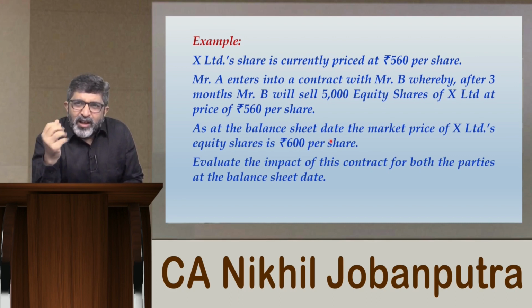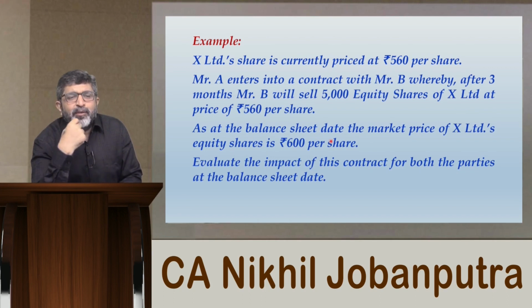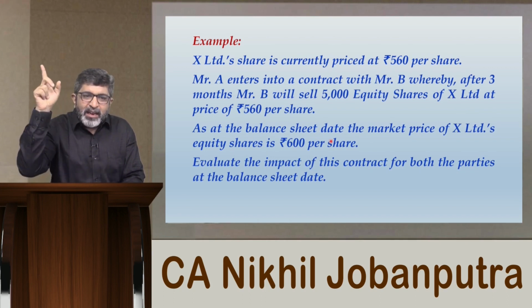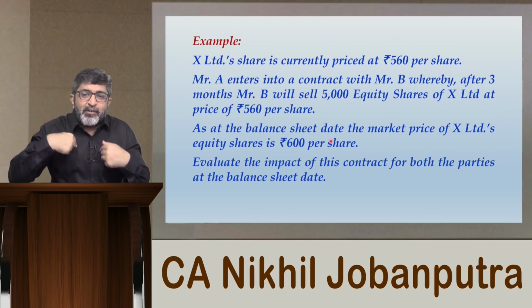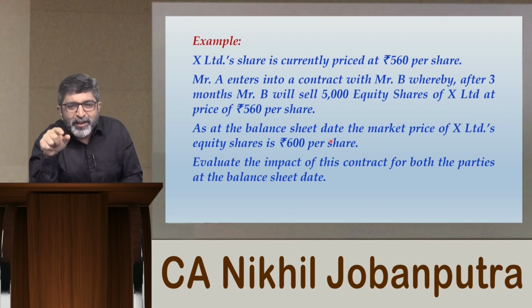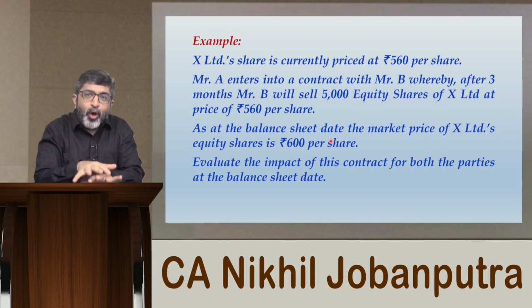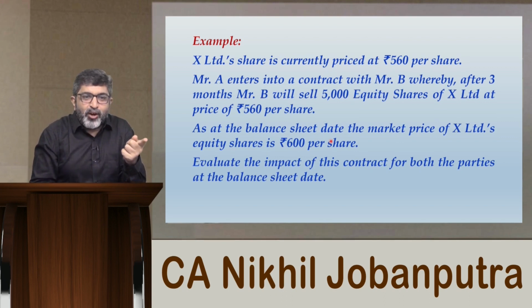That, you know, friend, I have an obligation to sell a share at 560, the market price of which is 600. Even though the market price is 600, I have a compulsion to sell it at 560. This would be the message given by your friend B to you. So B has an obligation. So B will call this a contractual obligation, where A would call this a contractual right.